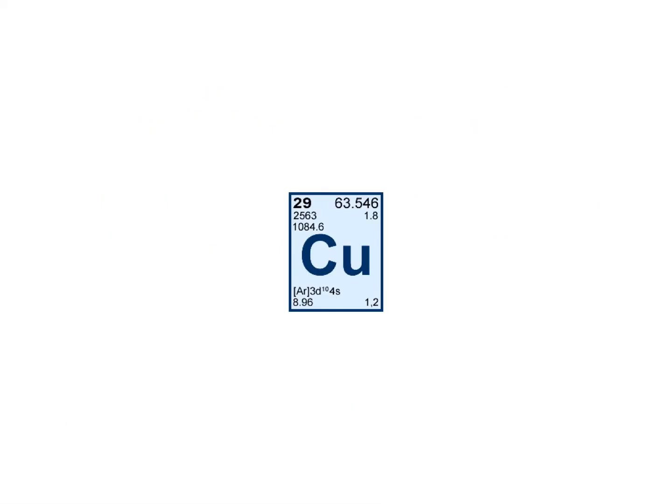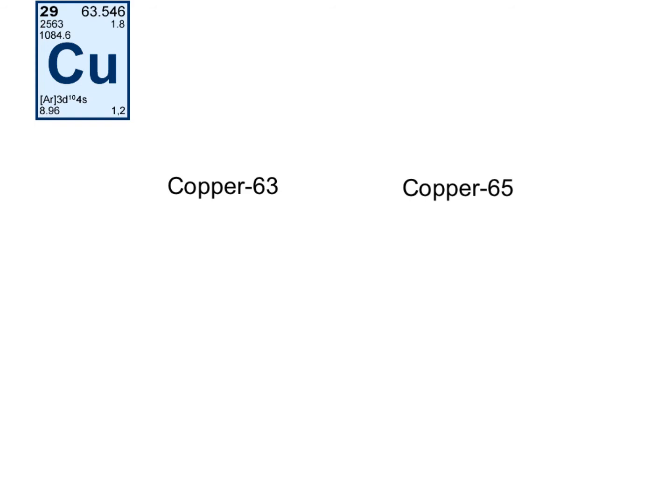So let's calculate that mass that goes on the periodic table. We have two stable isotopes of copper in our sample, copper 63. 63 is the mass number for that isotope, and copper 65. 69.15% of our sample is comprised of atoms of copper 63. And they have an atomic mass of 62.929 atomic mass units.